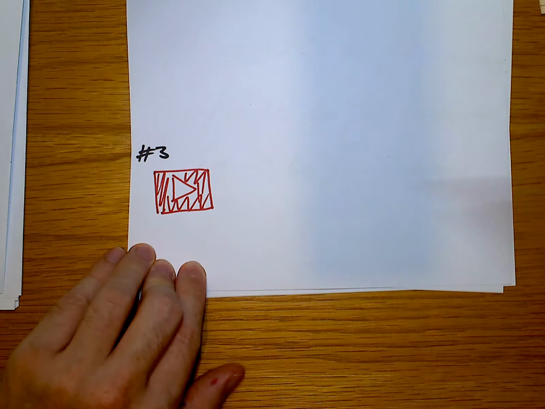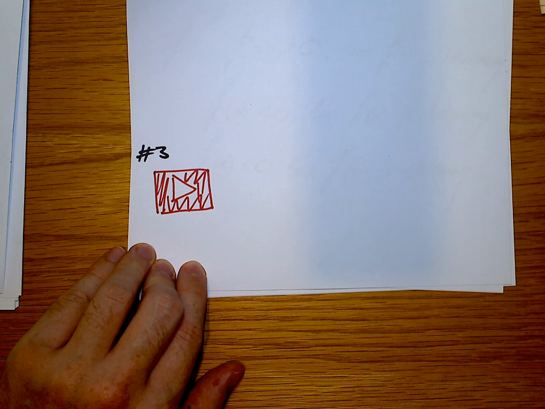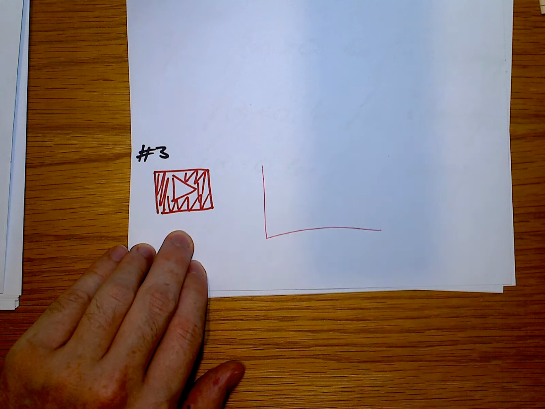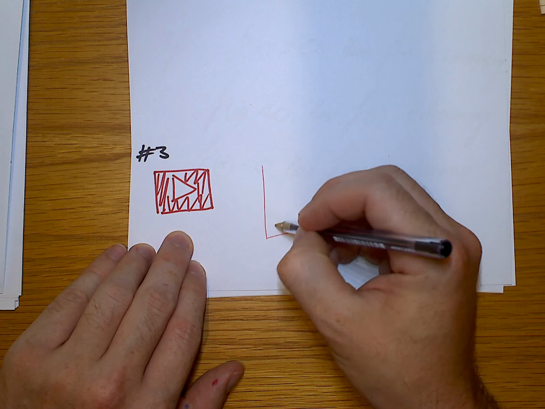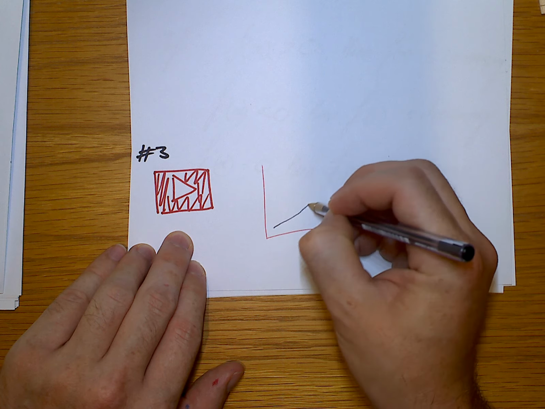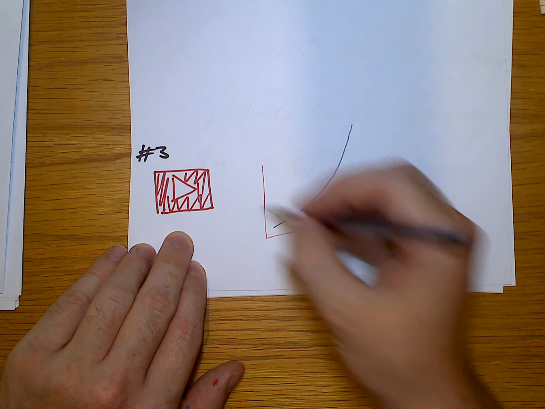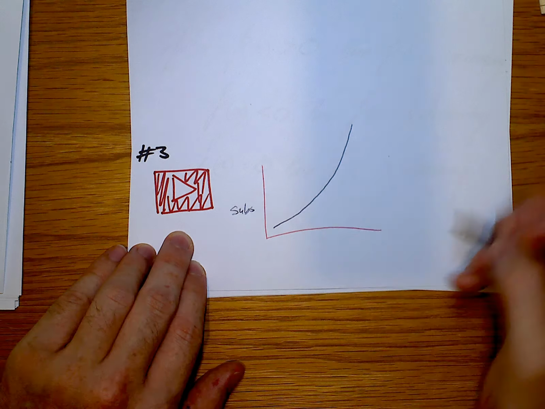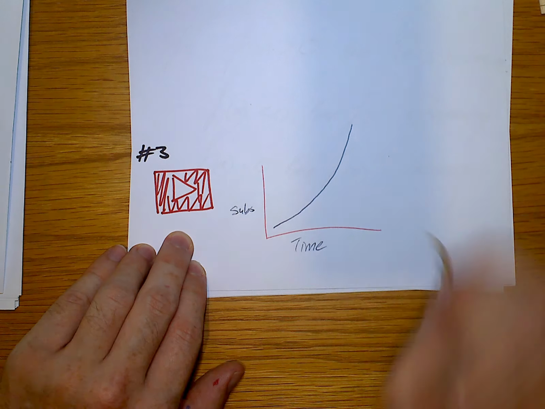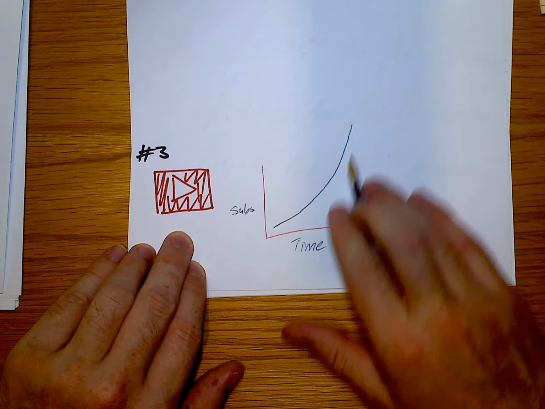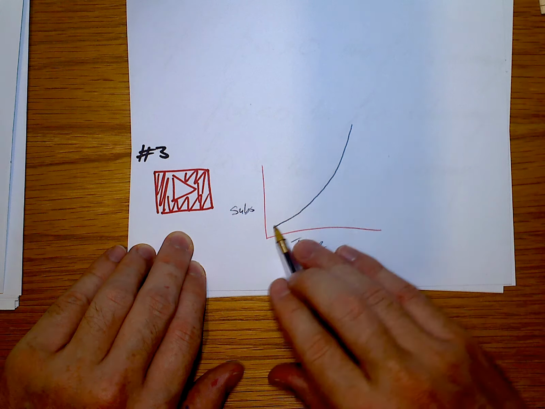Another one, this is a little bit harder, but might make more sense. Let's say you have a favorite YouTube star that you follow, not this channel. And let's say they've got subscribers going up and up, and they're getting heaps more subs. Subs against time. The rate at which they're getting subs is increasing.